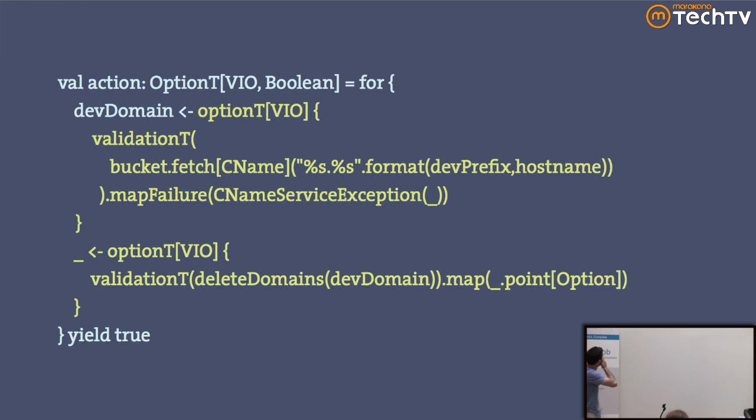And so here's an example of that from something we do. We host some static files, and so we allow you to register aliases, which are usually CNAMEs. I guess sometimes they're A records, but we call them CNAMEs. And in this case, I am fetching data out of Riak, so this is actually using Scaliak also. So I've got a reference to a bucket in Riak. Is everyone familiar or know a little bit? It's essentially a key-value store, in the Dynamo style. And so you have these buckets where you can put in data, which is not really equivalent to a database, but for the purposes of the discussion, fine.